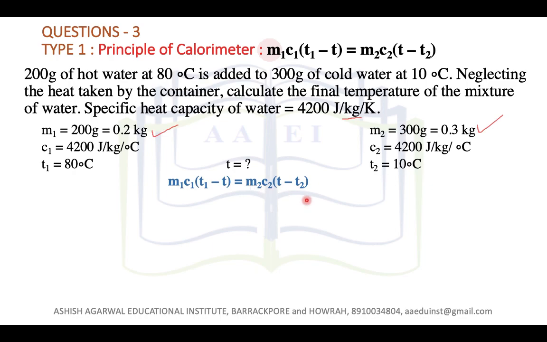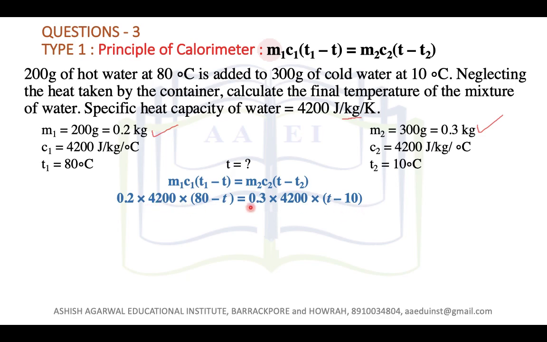Equation, of course, we are going to use this equation. Substituting. So let this t remain as such. So instead of m1, we are not substituting 200. Instead, we are substituting 0.2. So 0.2, 4200, 80 minus t. So obvious because t was unknown. M2, instead of 300 we are putting 0.3 kg, so 0.3, 4200 into t minus 10, as T2 value is 10.